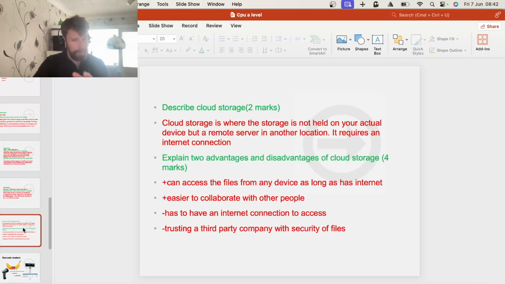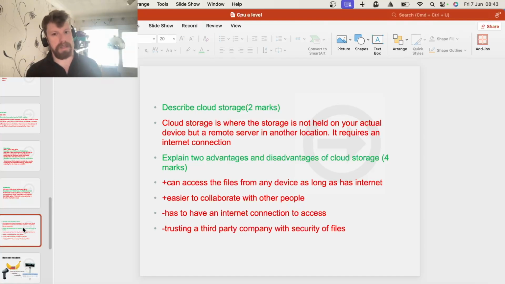So just be careful, because if the question seems to be talking about virtual storage and referring to clouds, or people working in other places, they're talking about cloud storage.